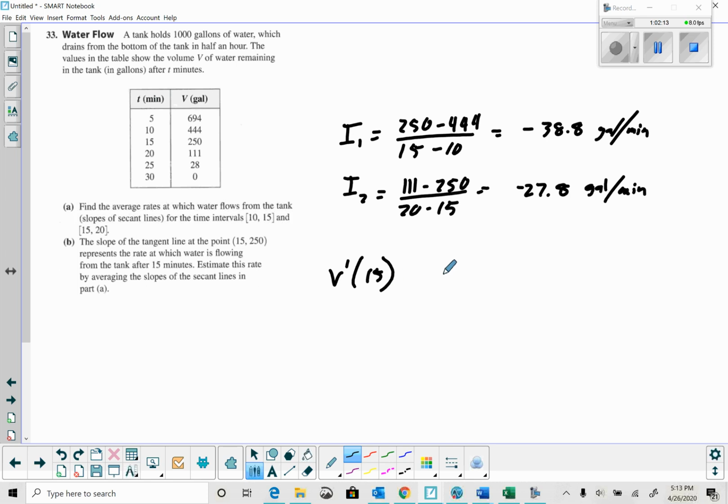So if we take the negative 38.8, add the negative 27.8, divide by 2, because that's how you find an average, we'll get negative 33.3 gallons per minute.